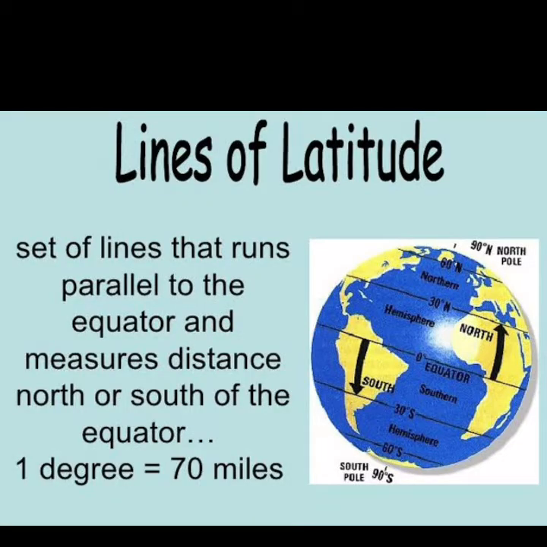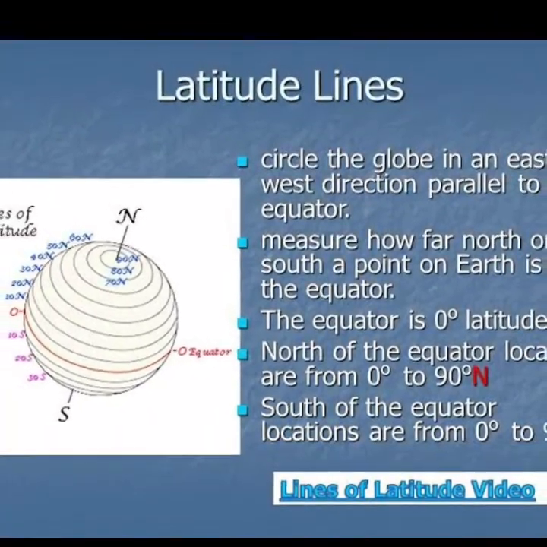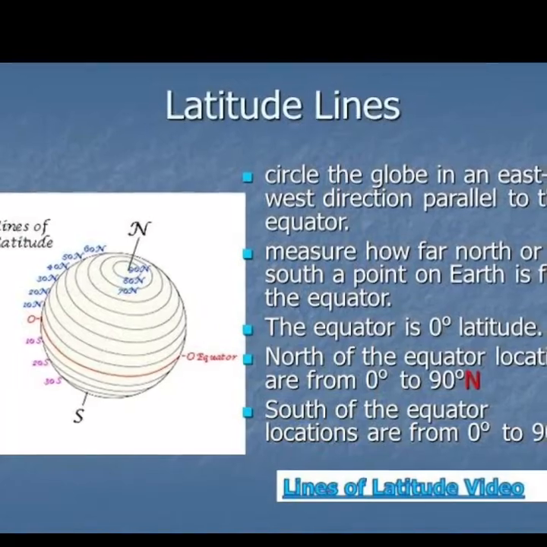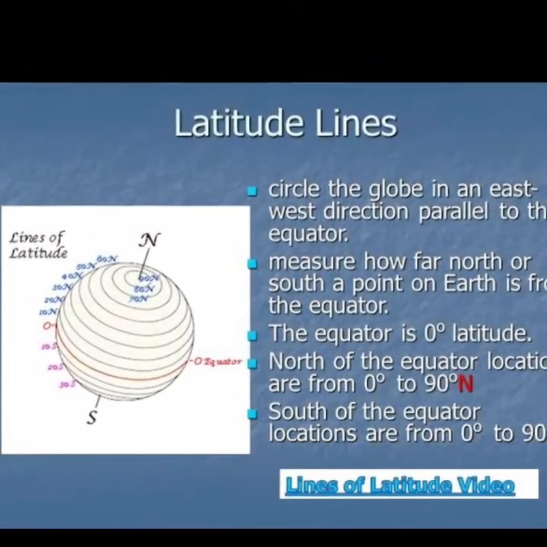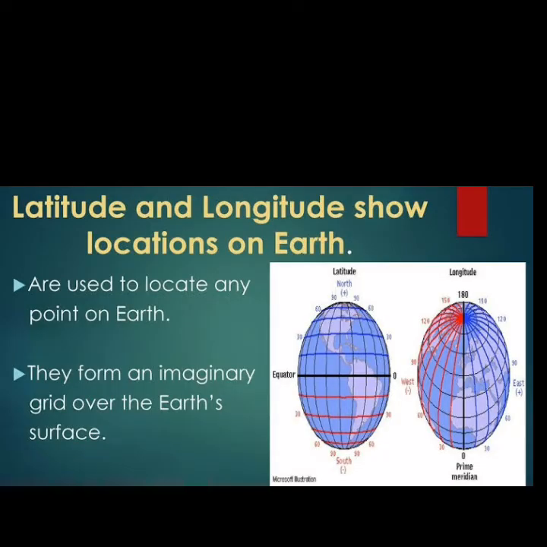The east-west lines are called parallels of latitude, while the north-south lines are called the meridians of longitude. Remember, both longitudes and latitudes are imaginary lines drawn on the globe or the world map.